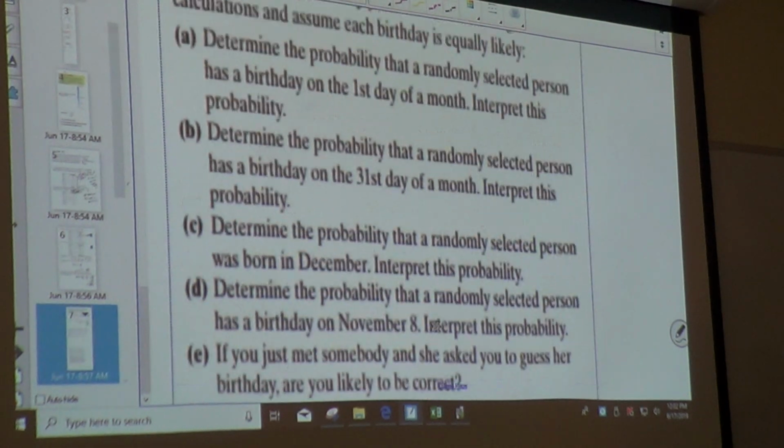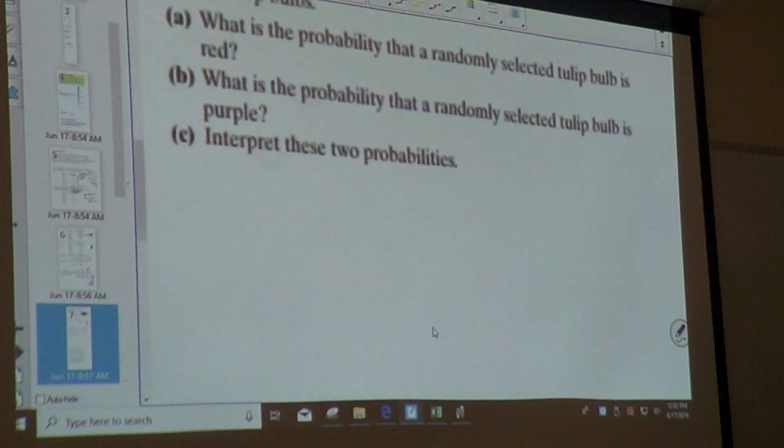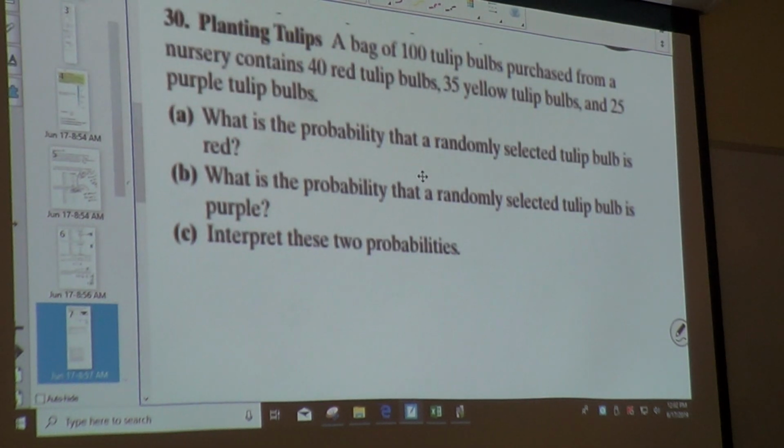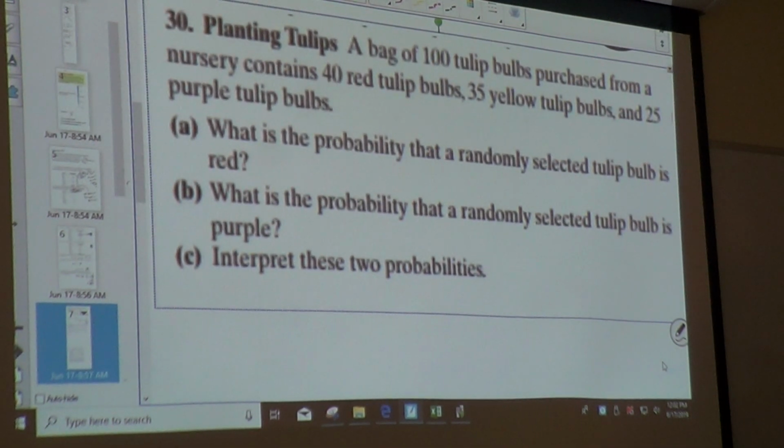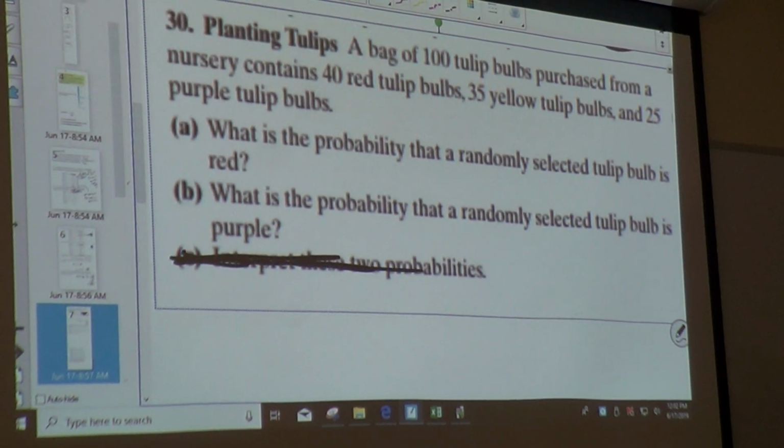I'm gonna let you try 30 because 32 is tough. Just give me the decimal answer. We're not gonna interpret, we'll just do part A and part B. Yeah, just give me the decimal.